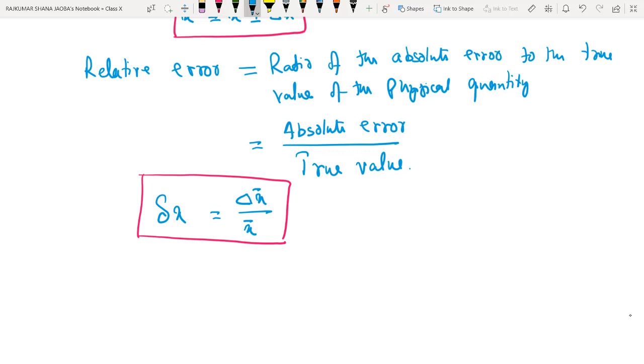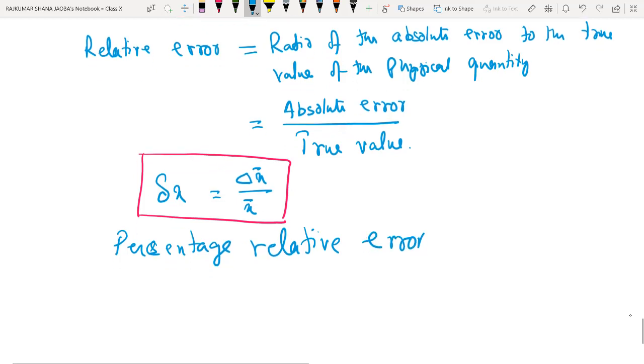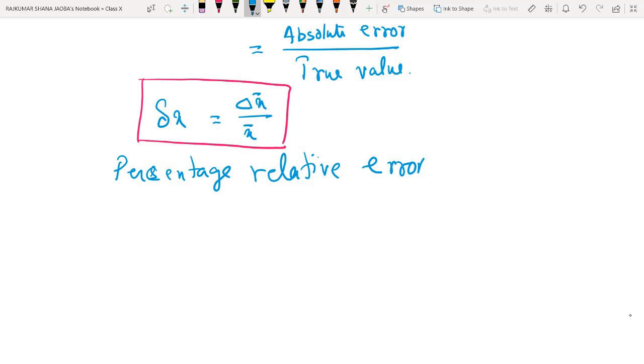And also we have percentage relative error. Delta x percent equal to delta x bar divided by x bar into 100%.